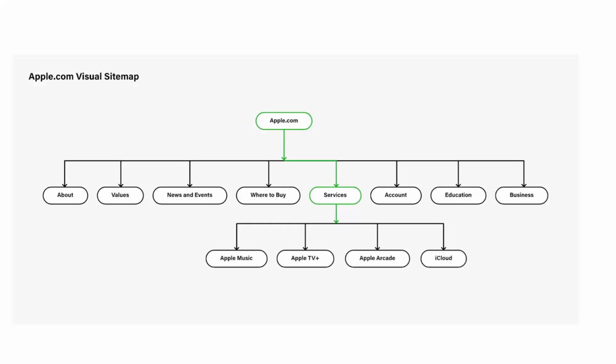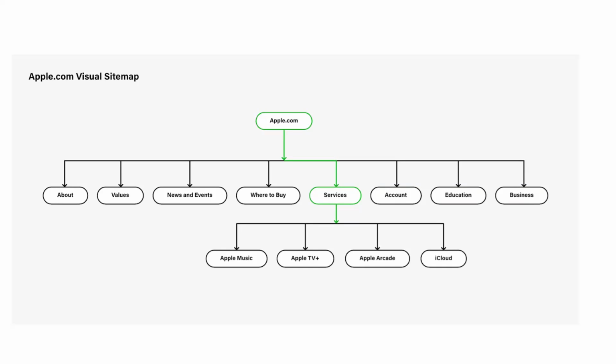I have added an example, the sitemap of apple.com. Apple.com is the home page. Inside that home page, we have many web pages like about, values, news, events, where to buy, services, and so on.